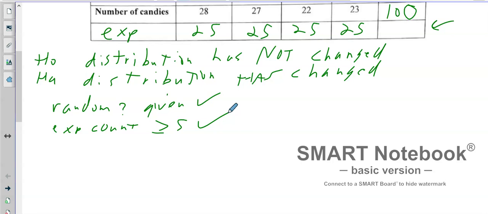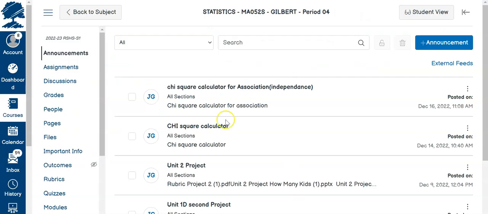Now, we're going to find our x squared. Now, remember, the formula is you take the actual amount minus the expected amount, you square that, divide by the expected amount, and then you add all the different ones. There's only 4 here. It would not take long, but we're going to let technology make our life easier.